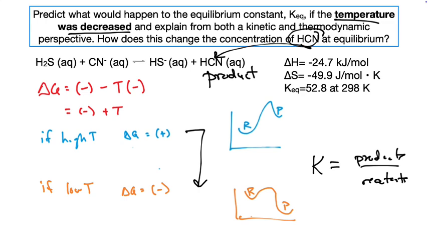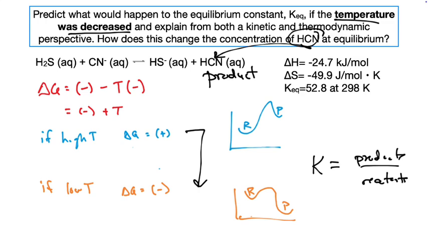The rate of the forward reaction is very, very, very slow. The rate of the reverse reaction is very, very, very fast, which means I get a hell of a lot of reactants at high temperature. At low temperature, what do I get? Flips, and I get more products.